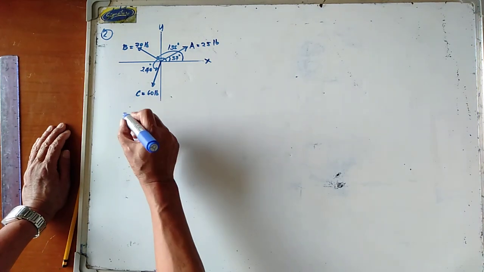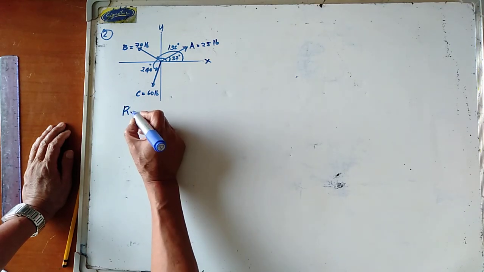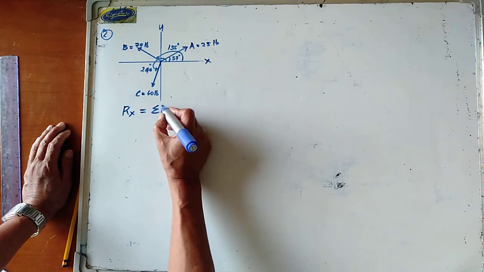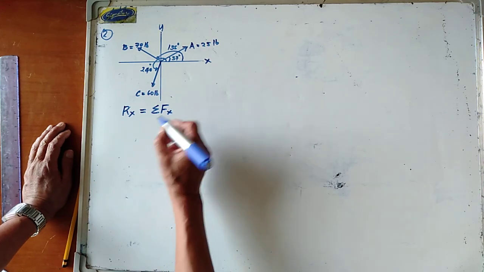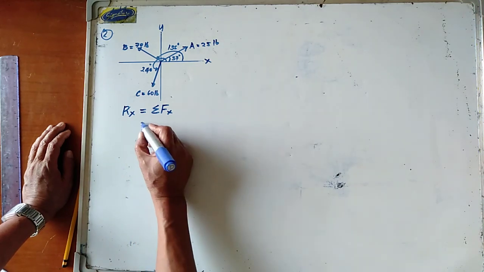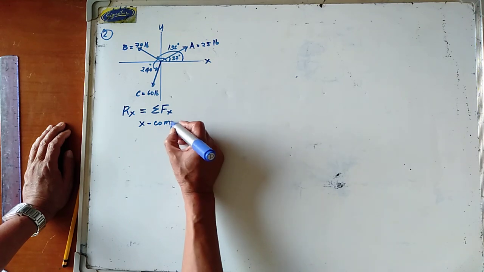Again, let's get the component of the resultant in the x-axis, which is equal to the summation of forces along the x-axis. So we have the x component of each force.